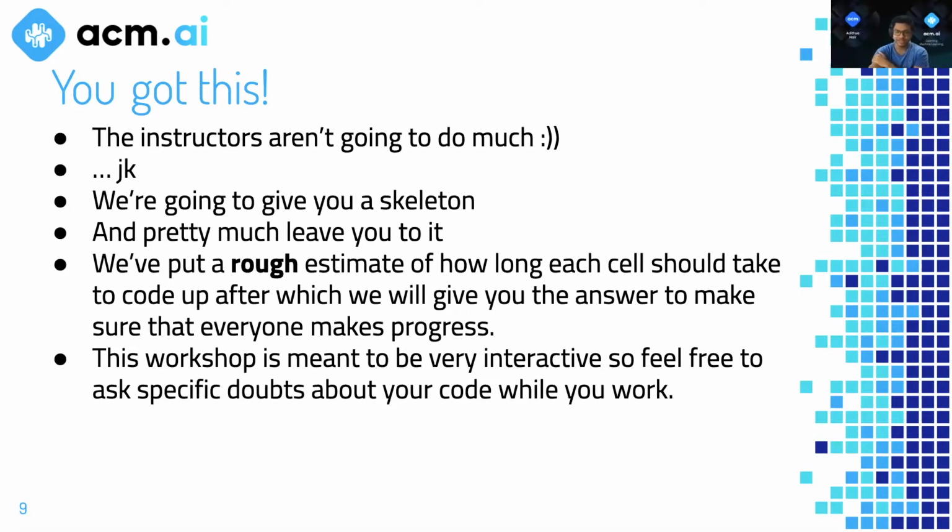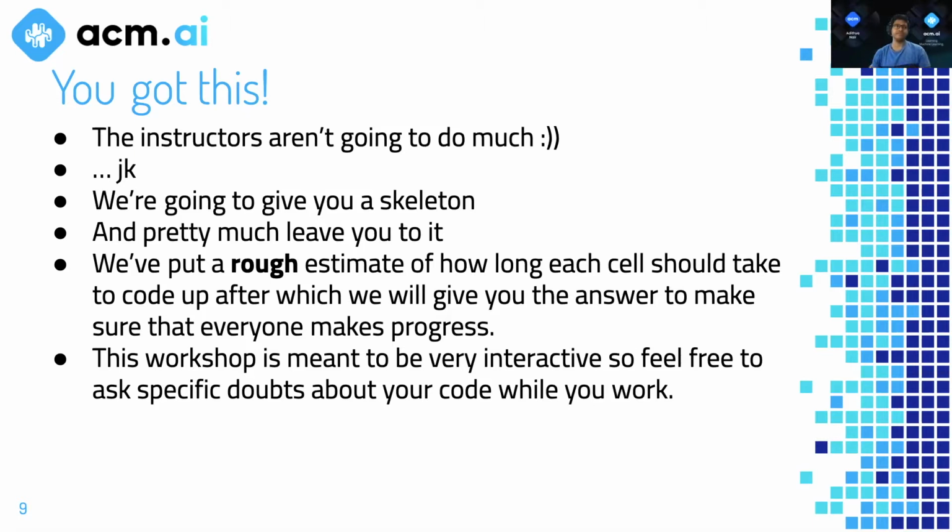We have a skeleton notebook ready where we've put in essentially code structures, not the exact code itself, but the overall structure of what the code should look like, as well as a whole bunch of comments to guide you in the right direction.